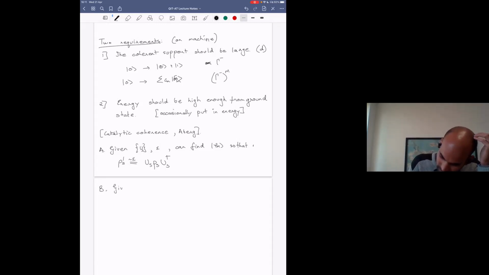So given psi m, one can find a rho s and a U such that this is not possible. So psi m cannot mimic U_s on the system.